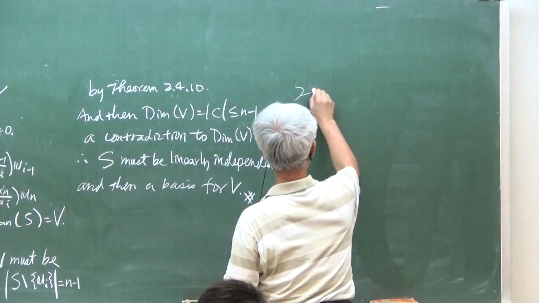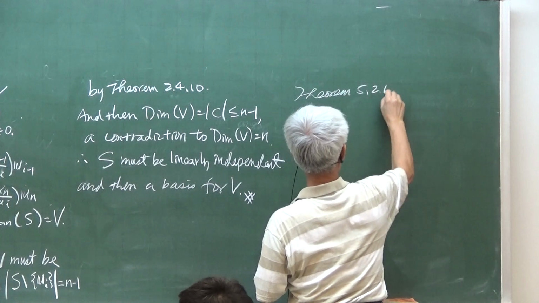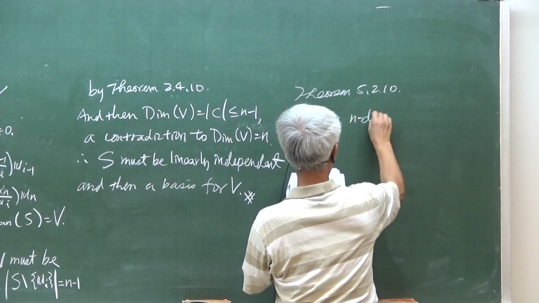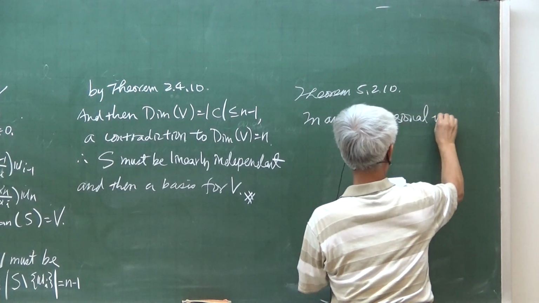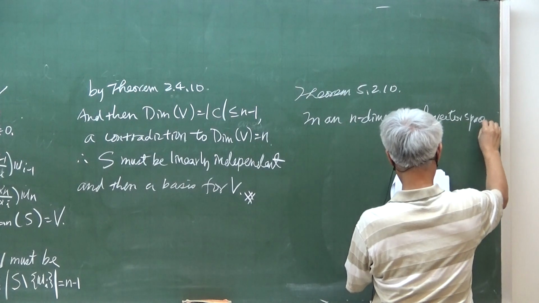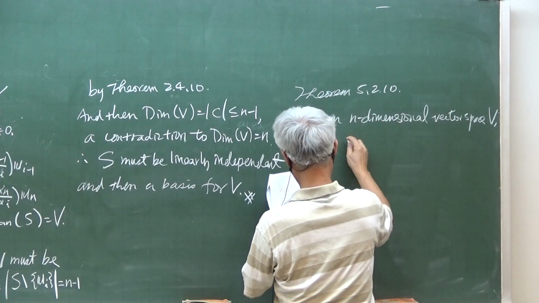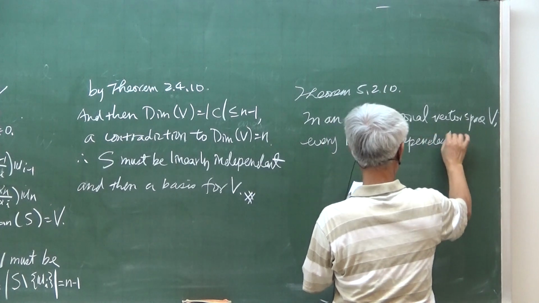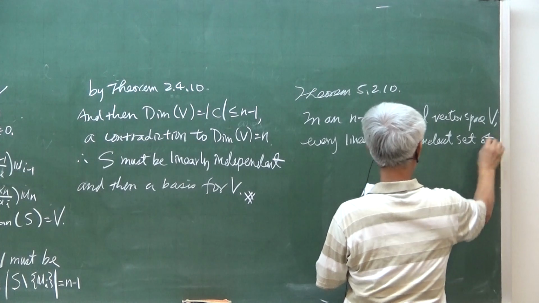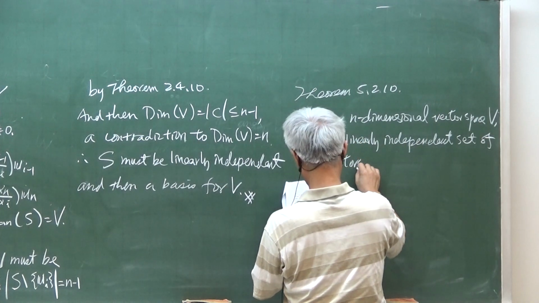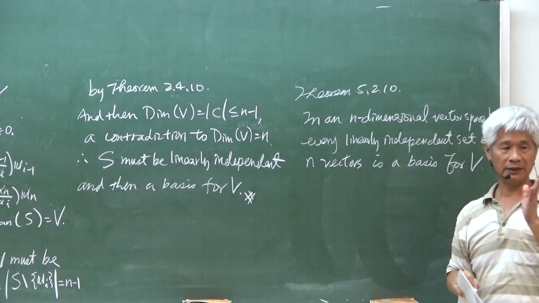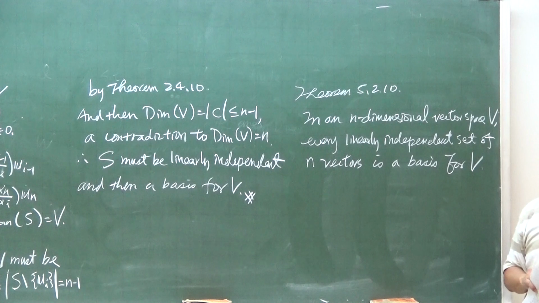The other direction, theorem 2.5.10, is that in an n-dimensional vector space, every linearly independent set of n vectors is a basis for V. Right, so this theorem says that to find a basis for an n-dimensional vector space, we just find a linearly independent set which has n vectors.